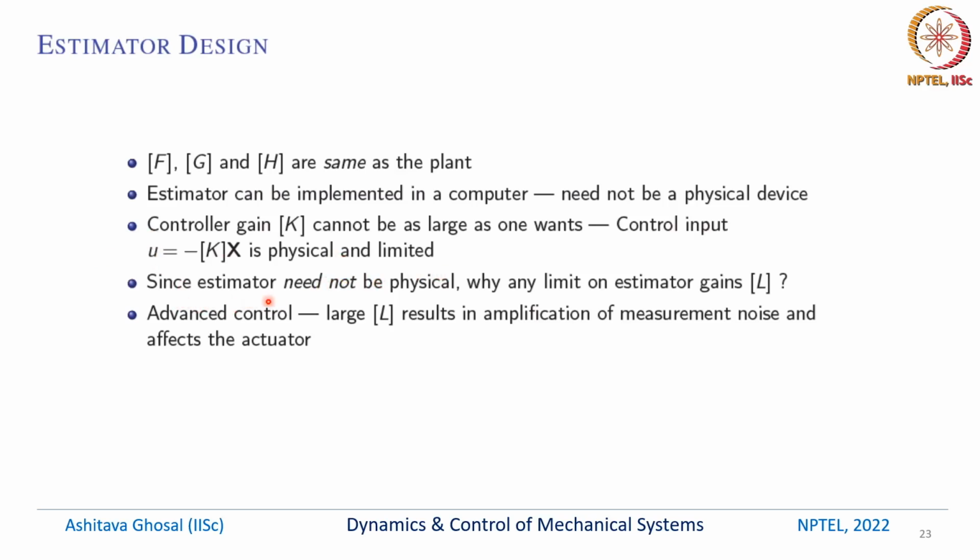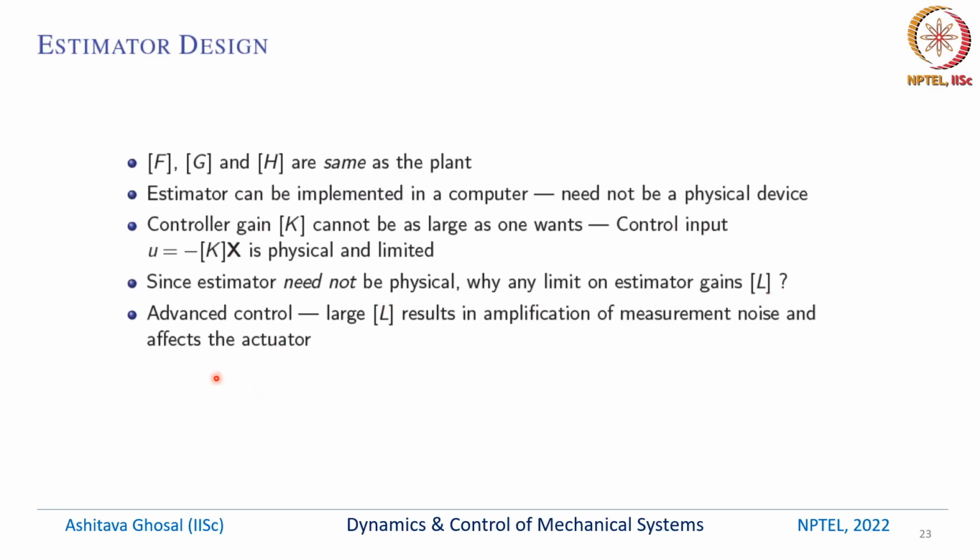However, since the estimator need not be a physical device, why should there be any limit on the estimator gains L? So we can choose the estimator gains very large. Then x hat will approach x much faster, which is good. However, there is a drawback.